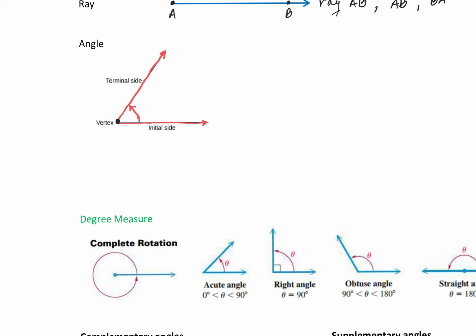Now, in this case, if I wanted to refer to this angle, let's call this A. I can say that this is angle A, or I can use this little angle symbol and write A. But that's assuming that there's no confusion.